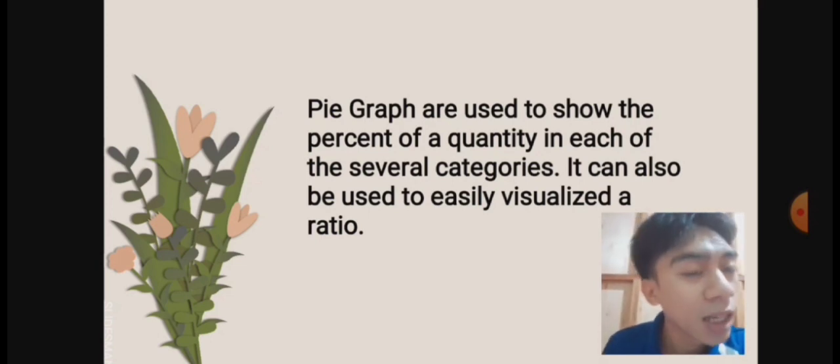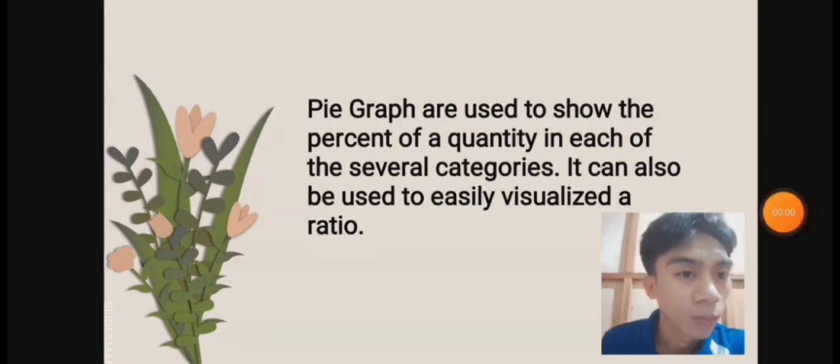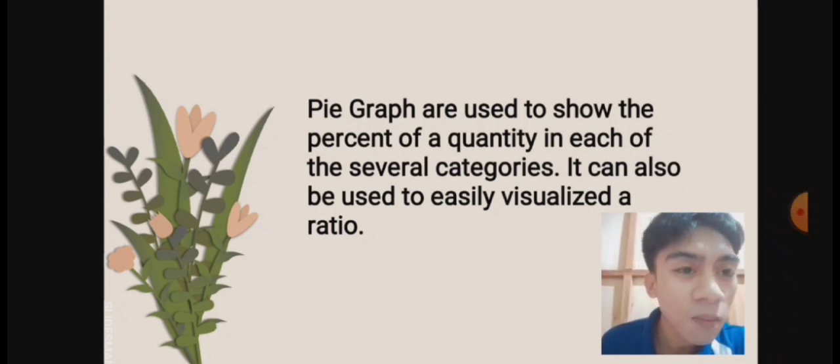So basically, a pie graph is a visualization of a ratio. To create the pie graph, let us consider some steps here. A pie graph is also called a circle graph because the shape is just like a circle.